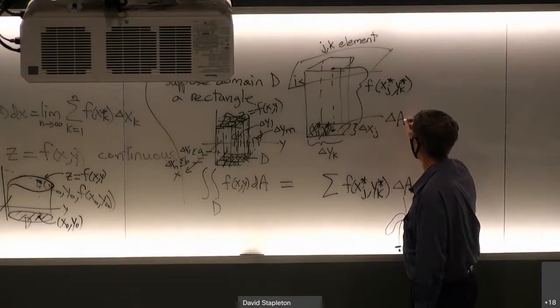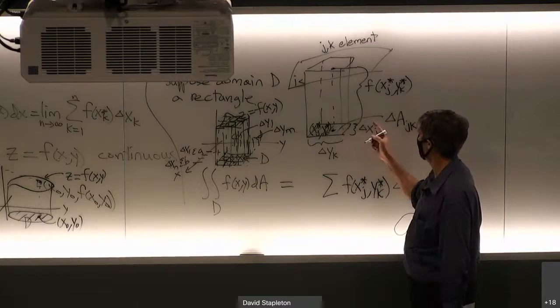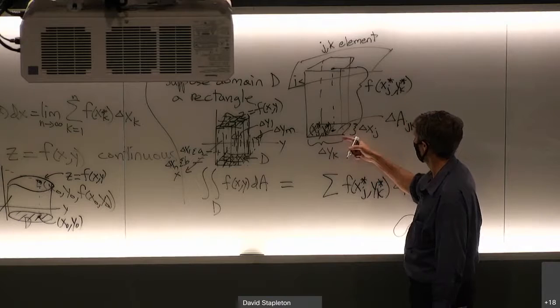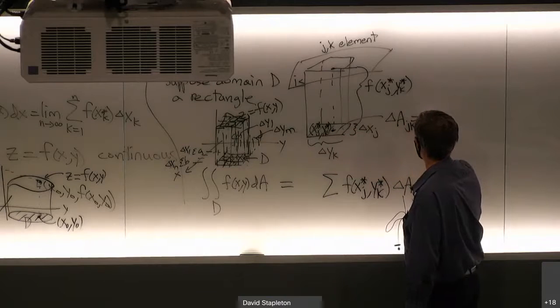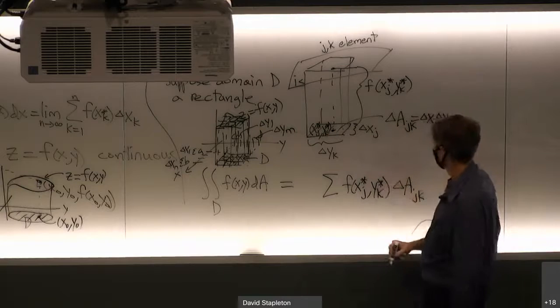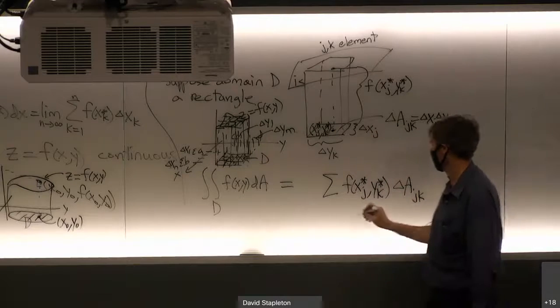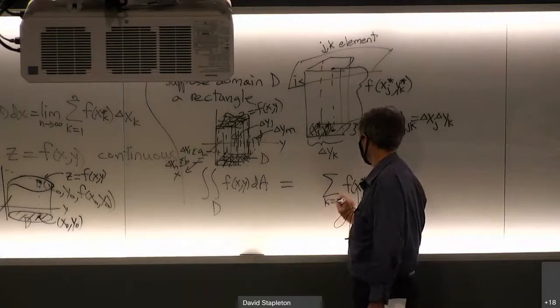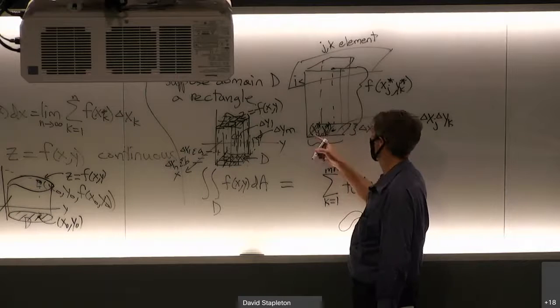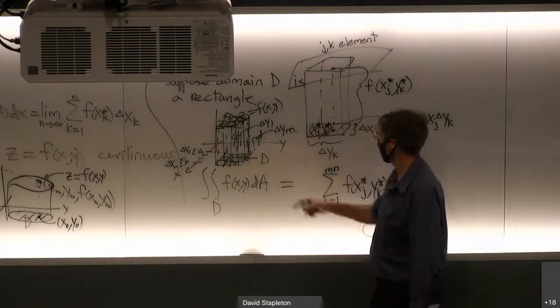Delta A jk must be width times length. It's delta xj delta yk. And then we sum, running from 1 to m times n, since there's mn little subrectangles here.